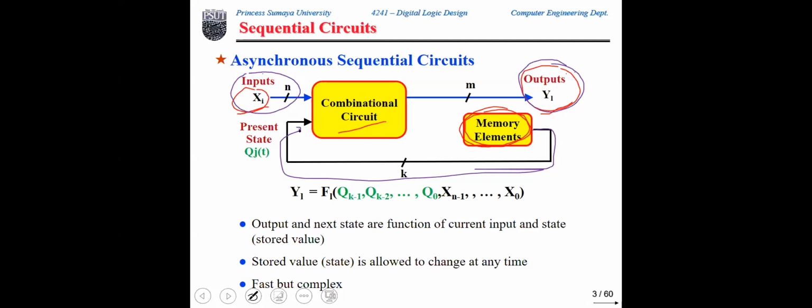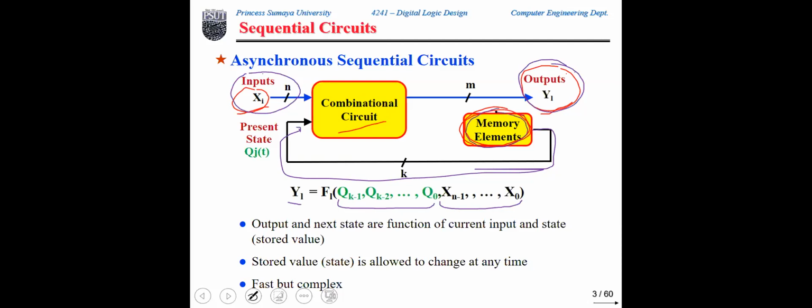So any of these outputs is not only dependent on the input X, it is also dependent on the present state, or the Qs. Let's call them Q0, Q1, Q2, Q3, where every Q is basically 1 bit. So there are some certain number of bits that are stored here.